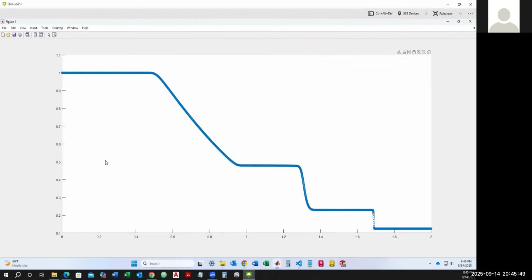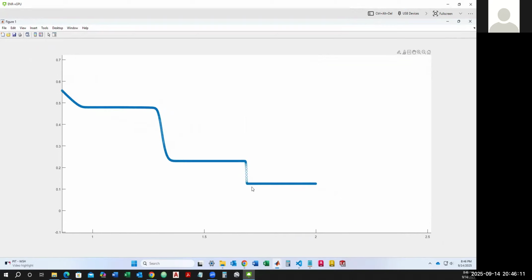On the x-axis is space, the y-axis is the density. Here's our shock wave over here, and it's actually moving with a constant velocity from the left to the right. Here's your expansion fan. All right, let's zoom in.